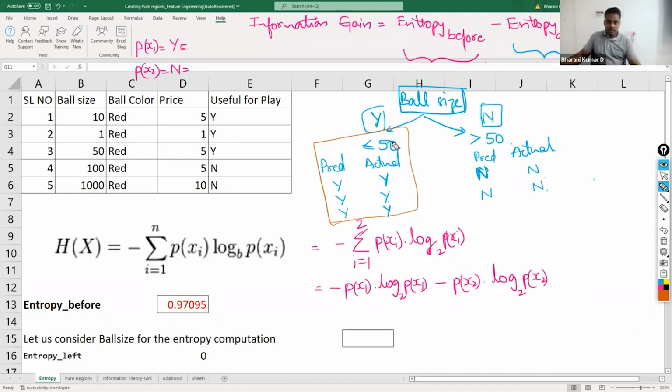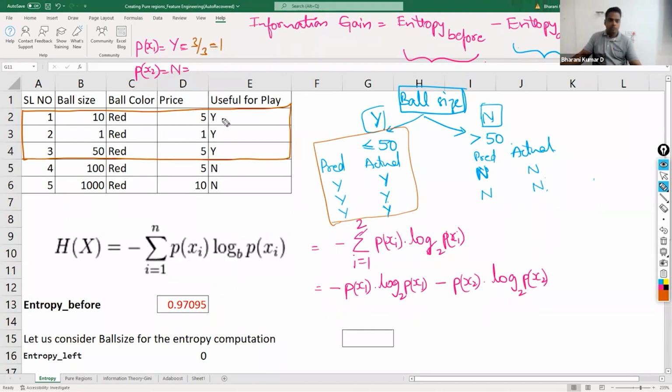On the left side, it is less than or equal to 50. Less than or equal to 50 means these three. Here, how many yes do we have? 3. 3 out of 3.